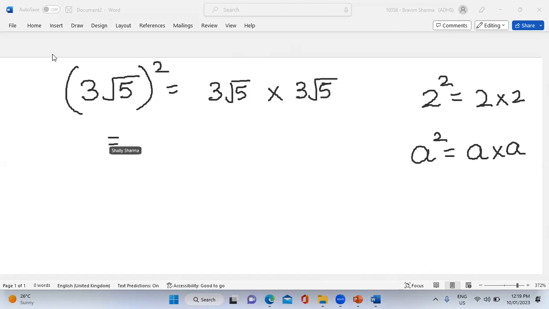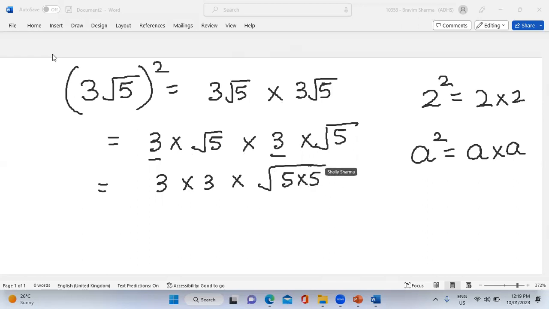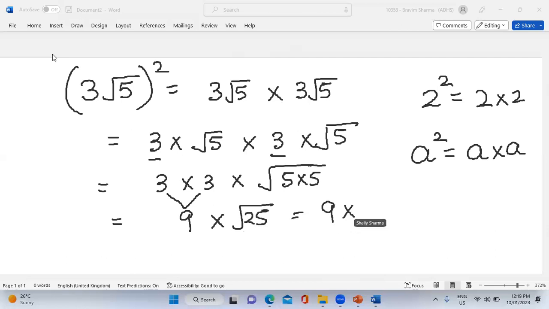Which means 3 times square root of 5 times 3 times square root of 5. Collect the non-surd parts, so 3 times 3, and collect the surd part together. Under one square root sign, we can keep 5 and 5. So 3 times 3 is 9, times the square root of 5 times 5. So this is 9 times 5, which is 45.